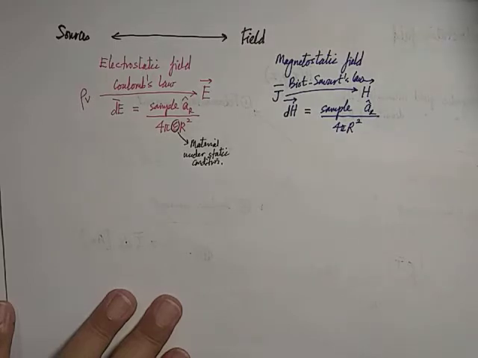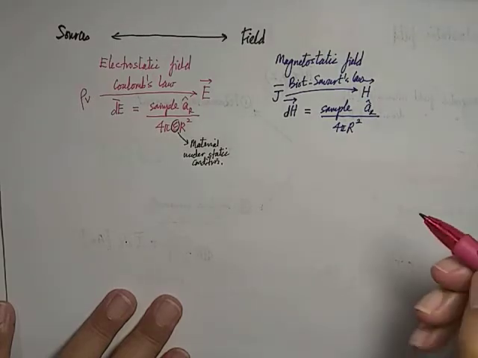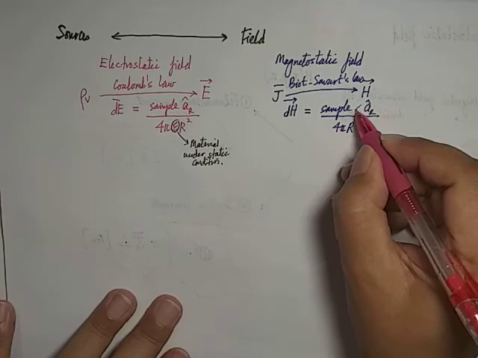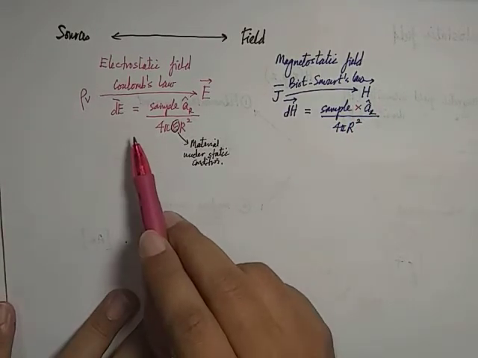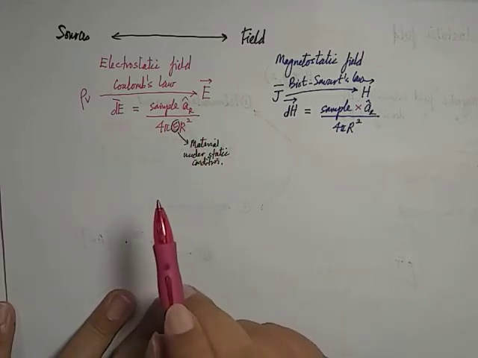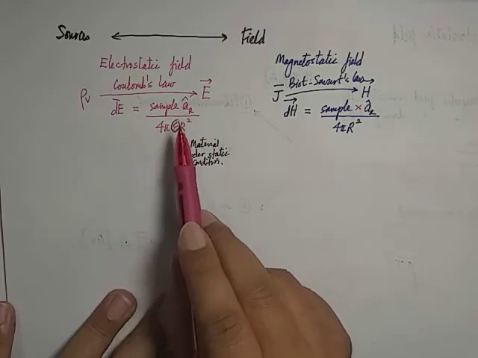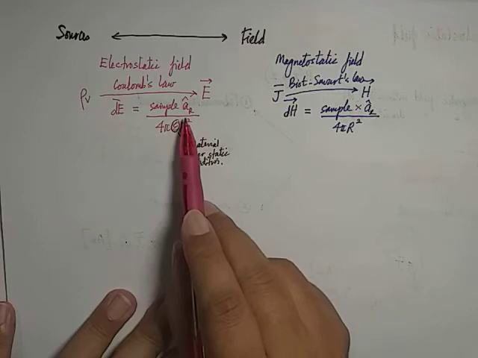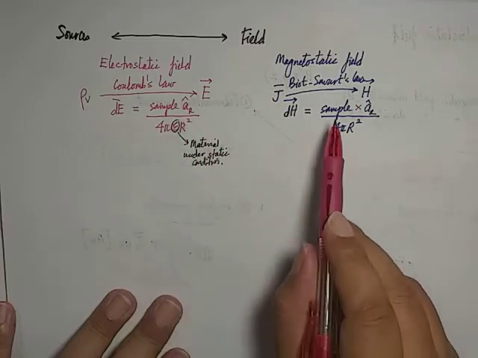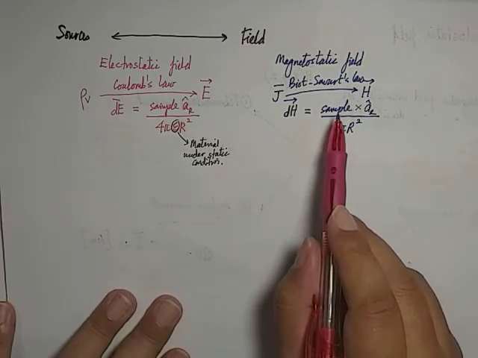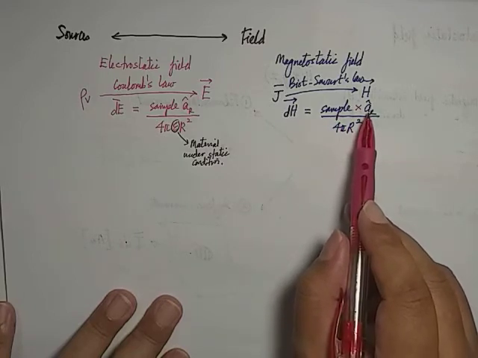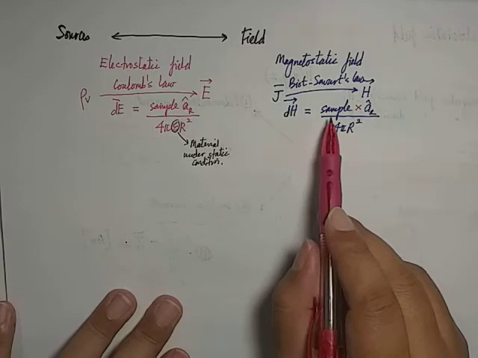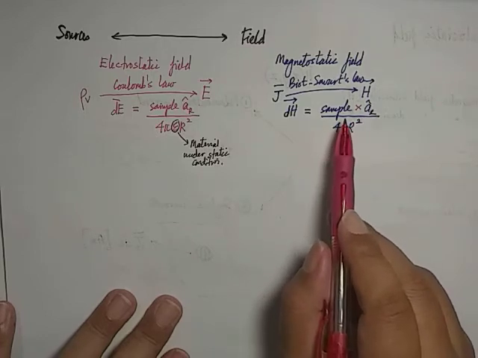And the second difference is that there's going to be a cross product here, whereas for Coulomb's law it is just simple multiplication, scalar multiplied with vector. But for Biot-Savart, since the sample here is a vector and aR is a vector, we have to use proper vector multiplication.